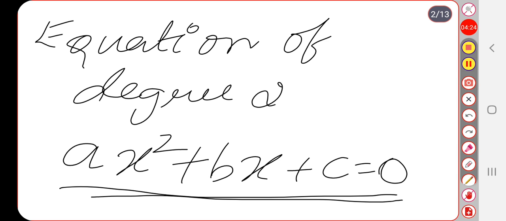Here a will not be equal to 0, provided the coefficient of x square is not equal to 0. If the coefficient of x square becomes 0, then it becomes a linear equation, which is not a quadratic equation.